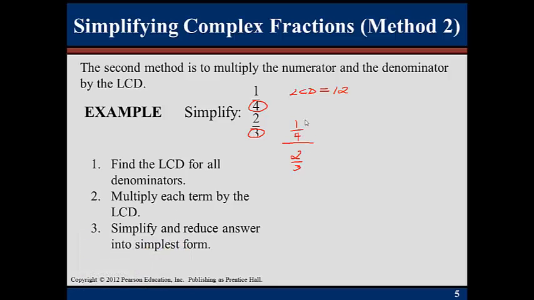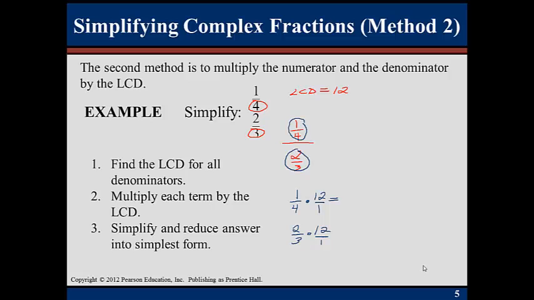So how many terms do we have? Well, we have 1/4 in our numerator and we have 2/3 in our denominator. Therefore, we're going to multiply both of these by 12. So 1/4 times 12 and 2/3 times 12. Now again, remember your rules for multiplying fractions.